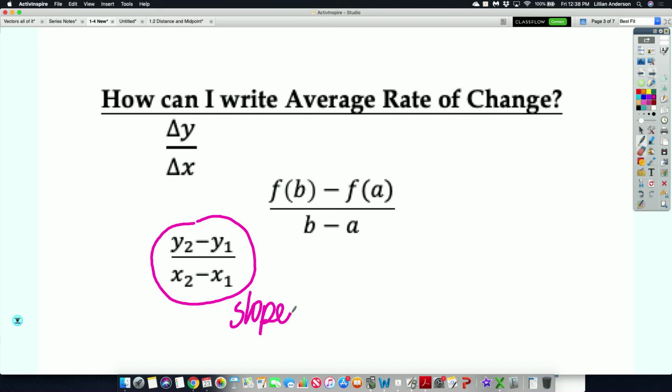Now, what you guys are probably thinking is, well, slope deals with lines, right? Yeah, it's fine. Well, my pre-calculus students, this is one of these underlying concepts to prepare you for calculus.